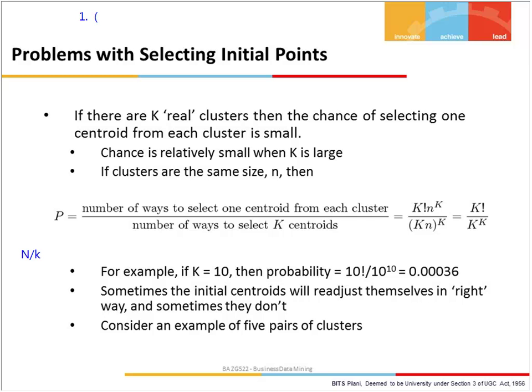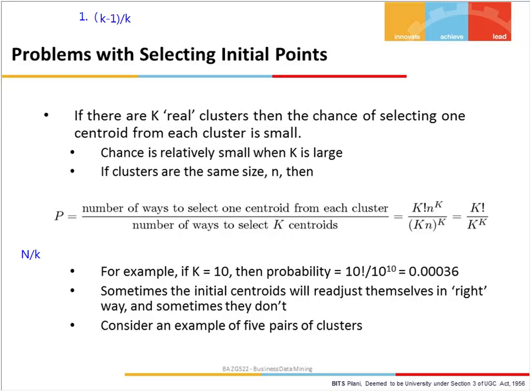Suppose the first object is from one of the clusters, there is no doubt. Now the second object I am again picking up randomly, so I have to consider the probability. Each cluster has n by k points. I have already chosen one cluster, so the second should not come from that cluster.